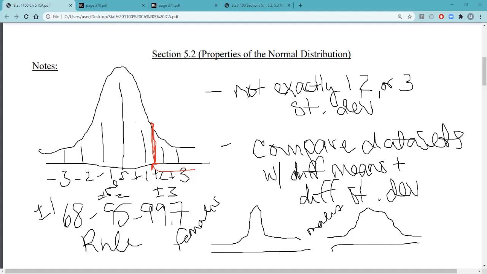But how would we be able to say whether a female with some specific height would be considered taller than a male? What percentile does this woman lie at, and what percentile does this man lie at? Then we can say which is in the higher percentile or which is in the lower percentile.